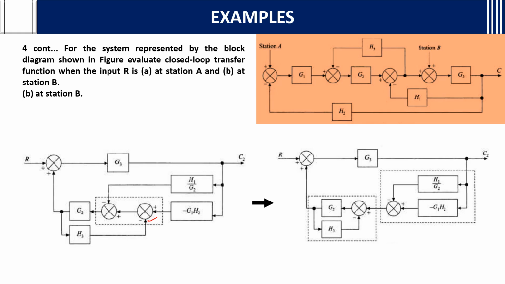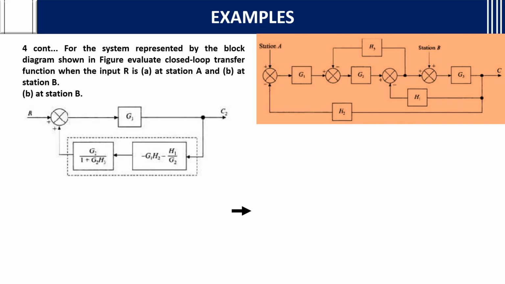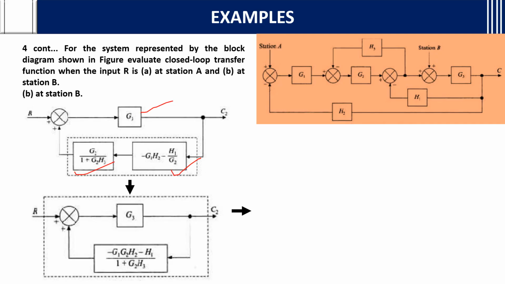Then this is not in a feedback loop, this is from input to output, so it will be parallel, and this is also from input to output, so we need to take the transfer function. After taking the transfer function and adding them, you will get it this way. After getting this G3, it is in the form of a transfer function again.